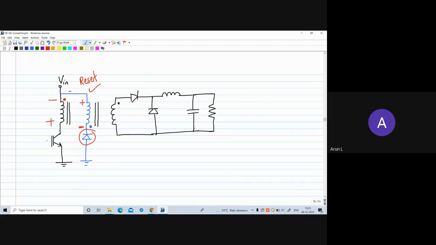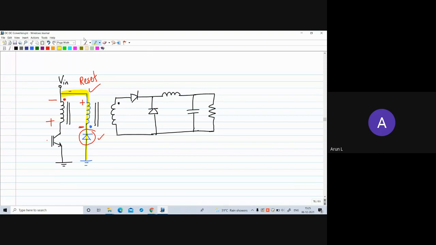So that will forward bias this diode and this path will be now live. It will conduct, so current can flow through this reset winding. So flux continuity is maintained. This particular topology, which is slightly complex compared to the flyback converter, is known as the forward converter.